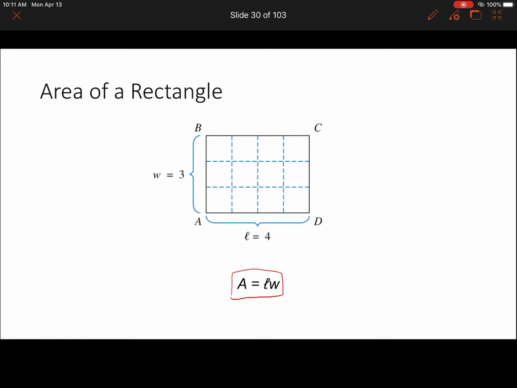So you take the length, which is one side length, and the width, which is the adjacent side length, and you multiply them together. And that should make some sense, because as you multiply, what you've done is essentially a grid type multiplication where you have 4 units across, you have 3 units tall, and so that 4 times 3 is where the area comes from.